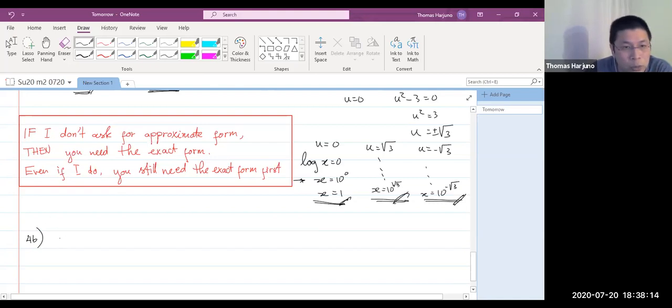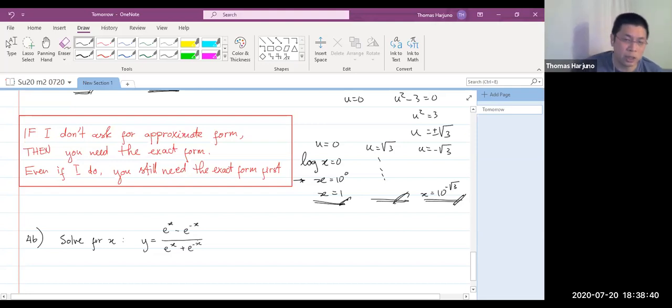y equals e to the x minus e to the negative x over e to the x plus e to the negative x, solve for x.